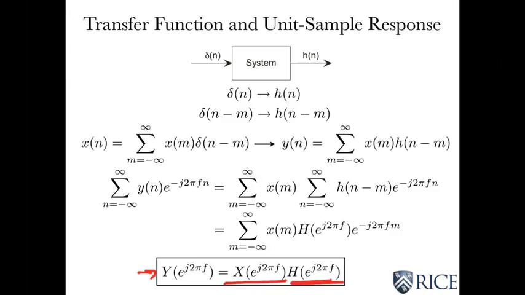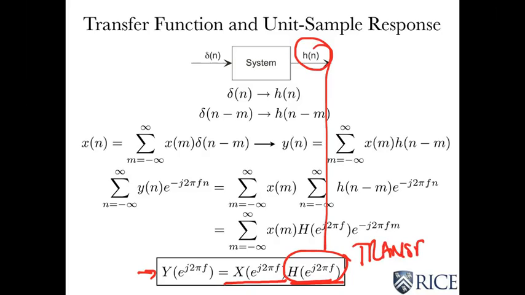But the new thing here is that this is the Fourier transform of the unit sample response. So transfer function here, unit sample response here, and they constitute a Fourier transform pair.